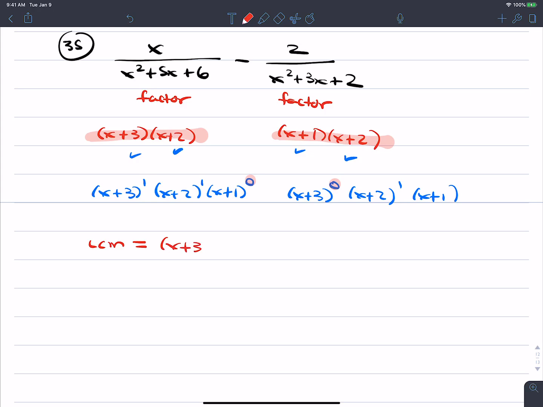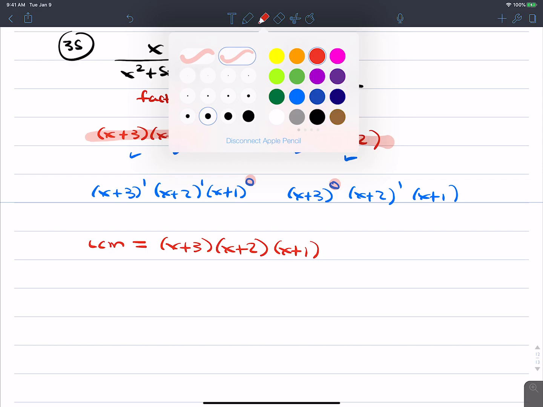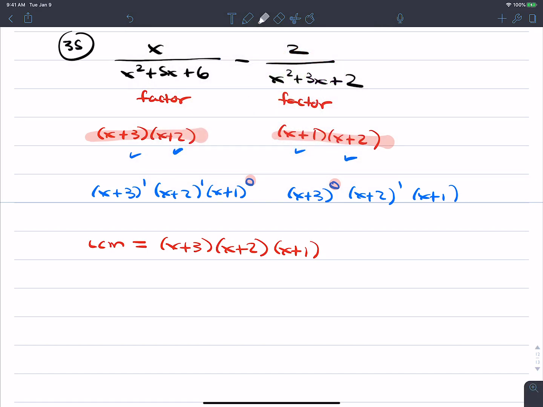So when we find the LCM by simply comparing terms and finding the term with the largest power, we can just write down x plus 3, x plus 2, x plus 1, and we can find the largest power now. For the x plus 3 term, 1 and 0, we know that 1 is the largest power. We're just going to compare the powers of the terms. For the x plus 2 term, you have 1 and 1, so by default that's a 1.